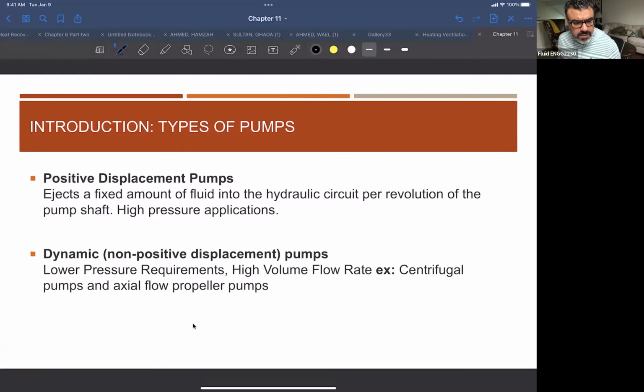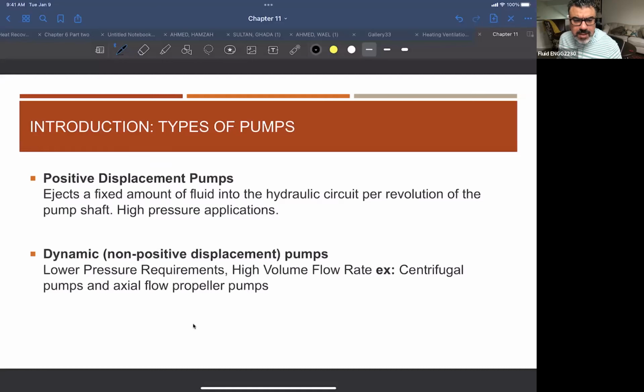In a positive displacement pump, the term positive means that there is always going to be flow going out. If you close the valve at the exit of the pump, you might either break the motor or damage the system. So a positive displacement pump has fluid that always has positive motion on the delivery side, or the exit, of this pump.